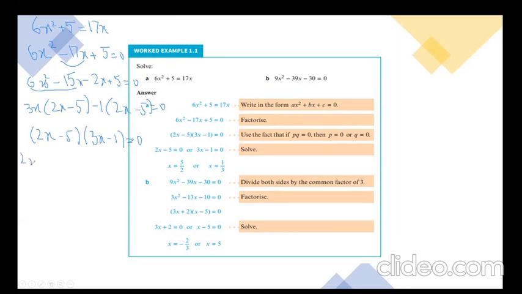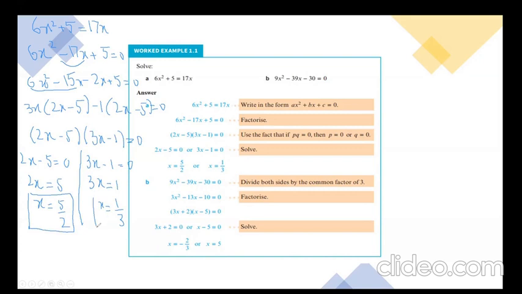So 2x minus 5 equals 0, or 3x minus 1 equals 0. So 2x equals 5, x equals 5 by 2. So 3x equals 1, x equals 1 by 3.